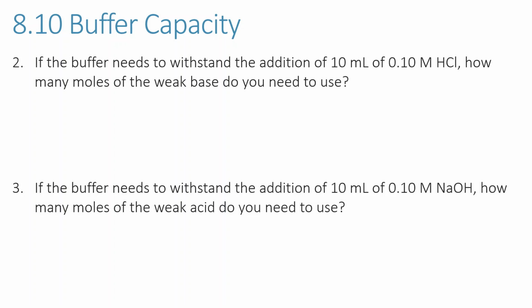So I just need to figure out how many moles of acid it needs to be able to neutralize. So if I have 10 milliliters of 0.10 molar HCl, that's going to give me a total of 1 millimole of HCl.